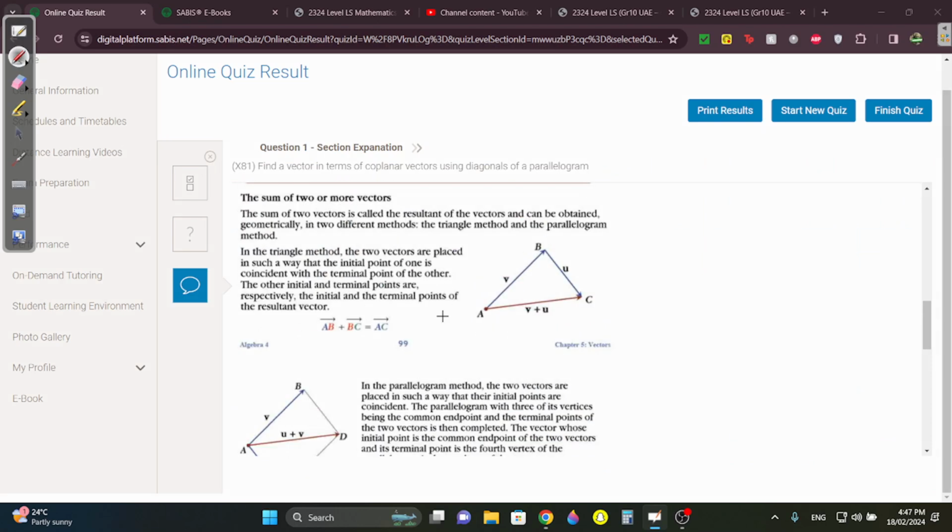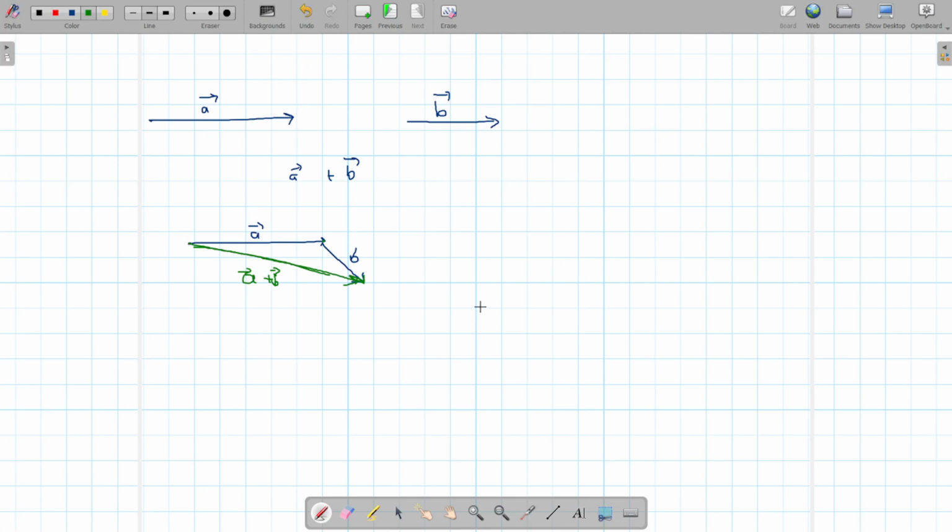There's a rule for adding vectors. If I were to tell you I want to add vector AB plus BC plus CD plus DE plus EF, what is that going to be equal to? It's always the first one and the last one. So this is going to be equal to AF.